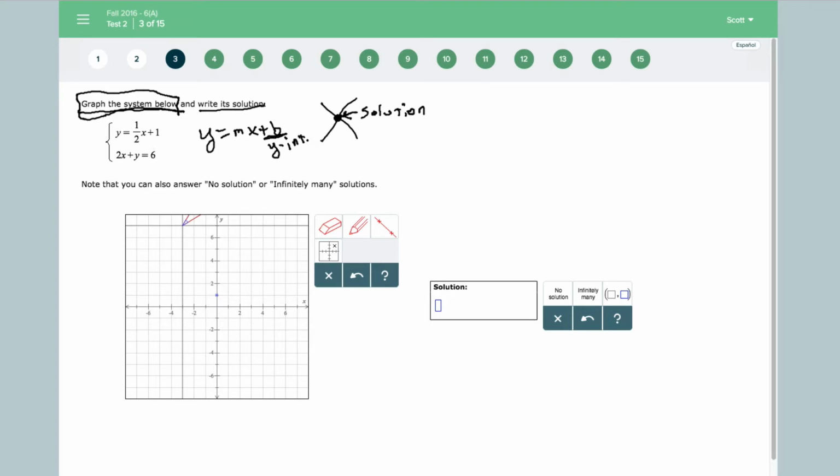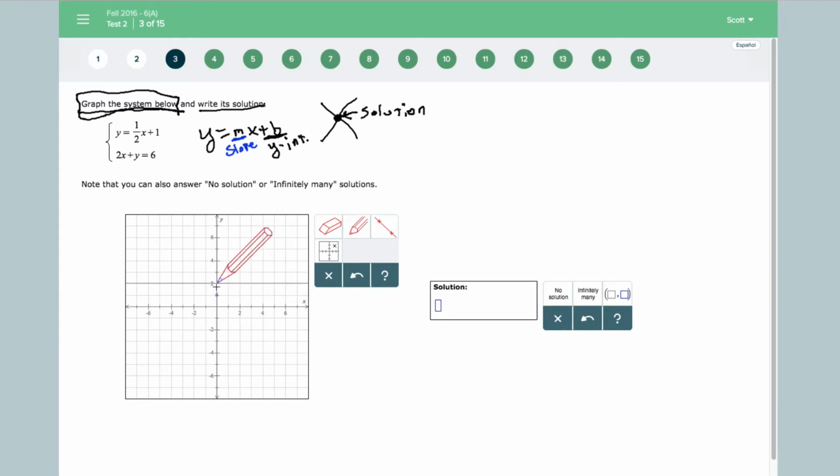Now the m, or this part right here, is my slope. And if it's not in a fraction, you just draw a line and put a 1 under it. In this case, it's 1 over 2. So we go up 1 and over 2.